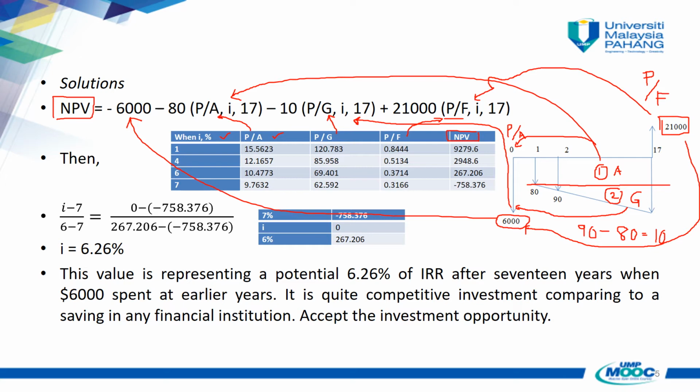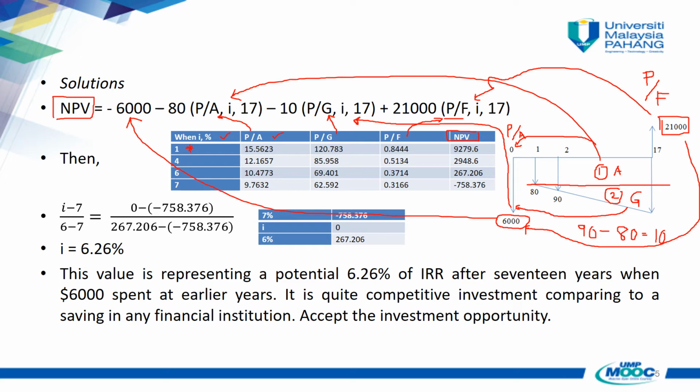Okay, let's say I'm not confident about this investment, so I just put maybe 1% first. Okay, of all the costs that I give, I'm not confident about this investment opportunity, so I just put 1%.